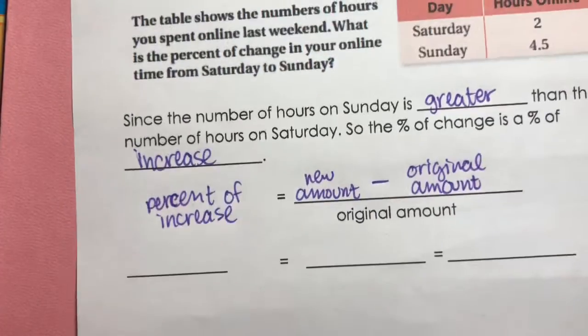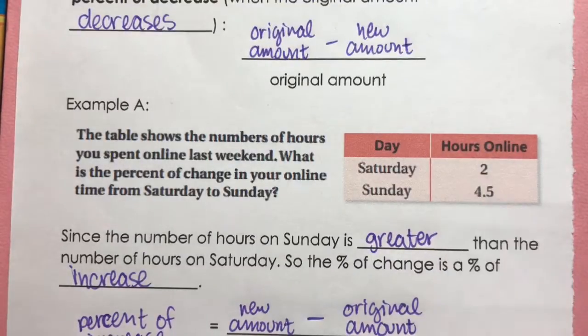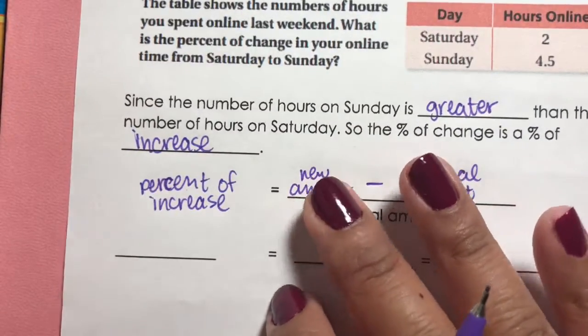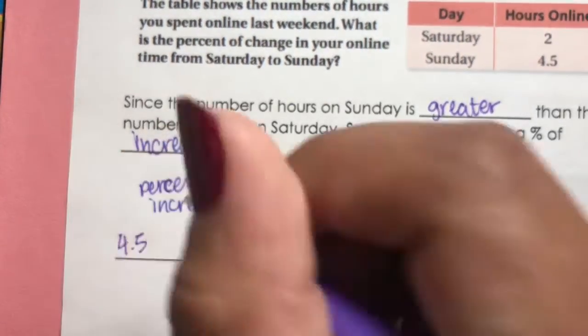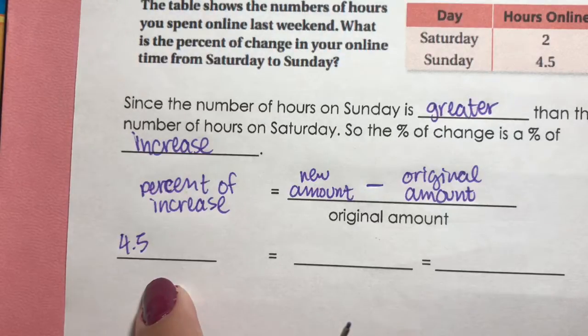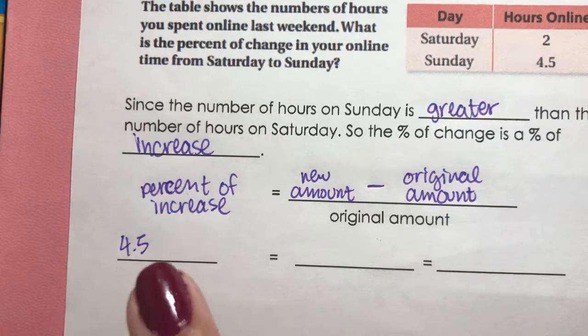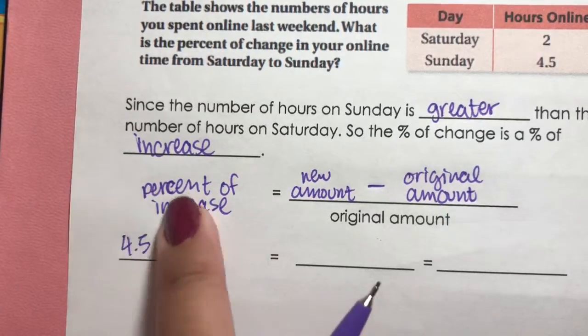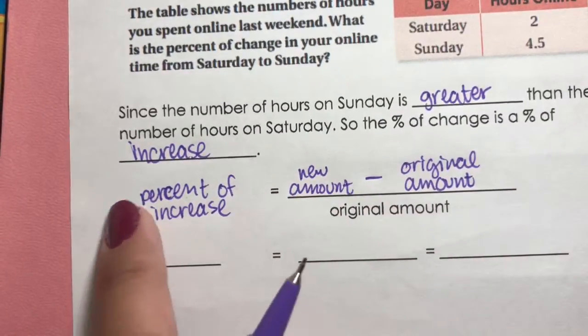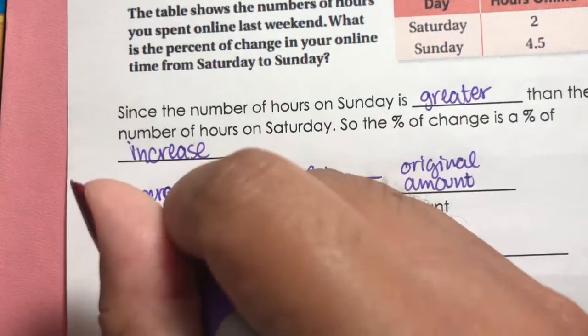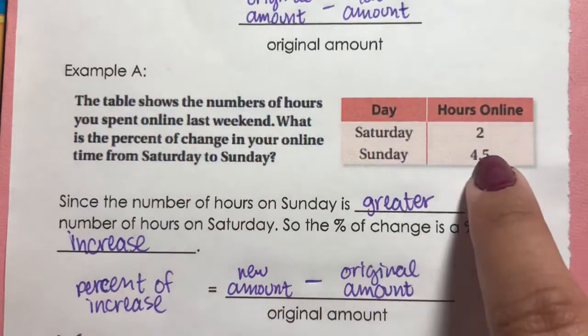So let's see how that looks with the numbers that we have right here. So for Saturday, you have 4.5 hours, I'm sorry, that's not Saturday, that's Sunday. That's your new amount, right? From Sunday, you had 4.5 hours online, so you have 4.5 minus the original amount, which is 2 hours.